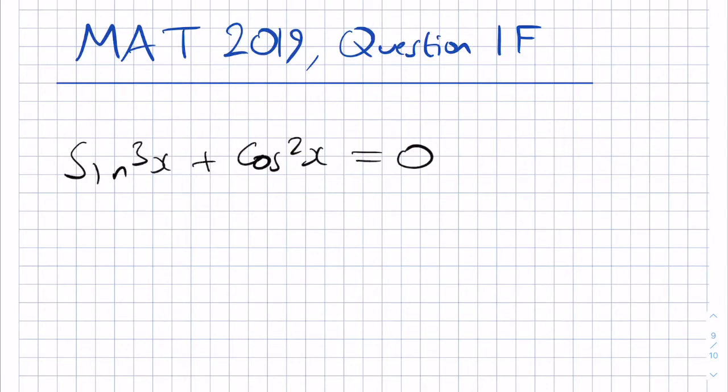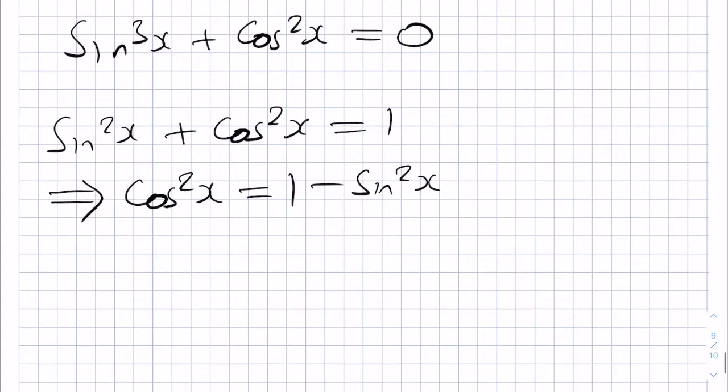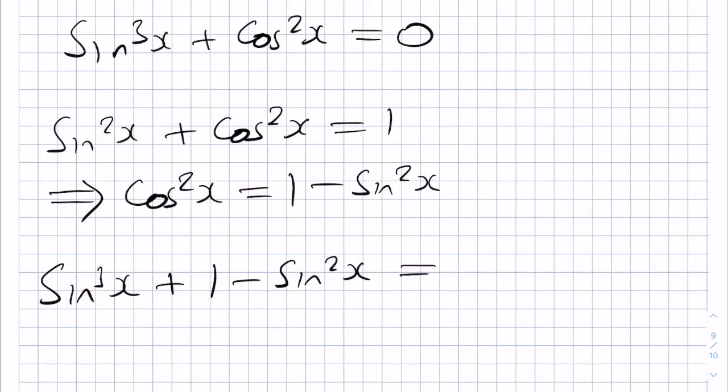Here we can use the fact that sine squared of x plus cos squared of x is always equal to 1, and this allows us to write cos squared of x as 1 minus sine squared of x. If we insert this into the above equation, then we get sine cubed of x plus 1 minus sine squared of x is equal to 0, which is an equation purely in terms of sine.